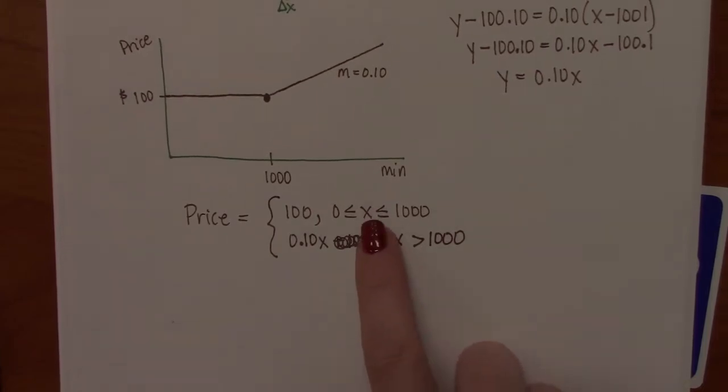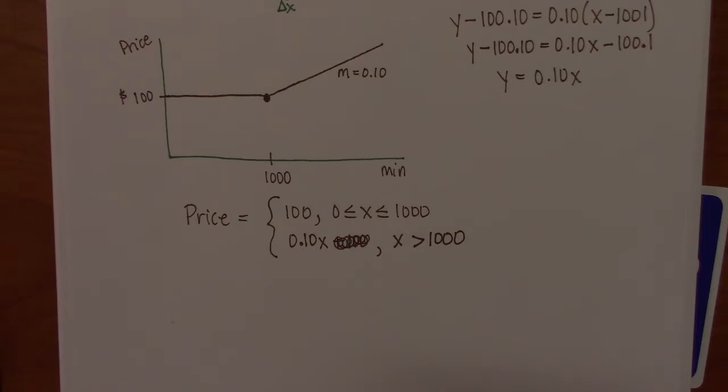Now, one thing you've got to be clear on when you're doing these intervals: the 1,000 is included here, so you cannot also include it here. It's just like we talked about domain the other day, when I said it's either in the interval or it's not in the interval. The reason you can only have it in one of your intervals is, what if I tell you, tell me the phone bill for someone who talked 1,500 minutes a month?